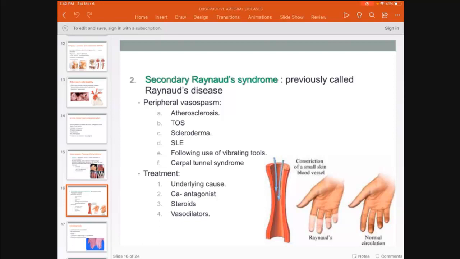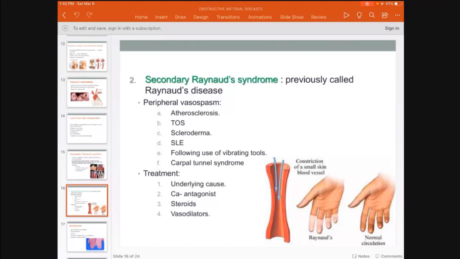Always, when we have this pain and swelling, we do not go as in the previous one. It should be treated by the underlying cause, with calcium channel blockers, steroids and vasodilators. Sympathectomy is contraindicated.